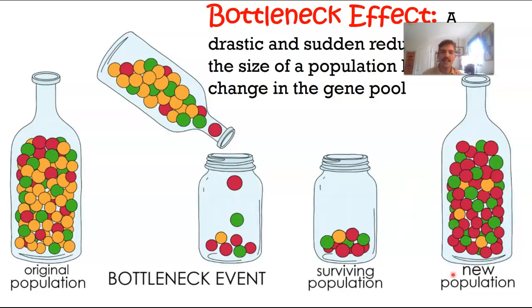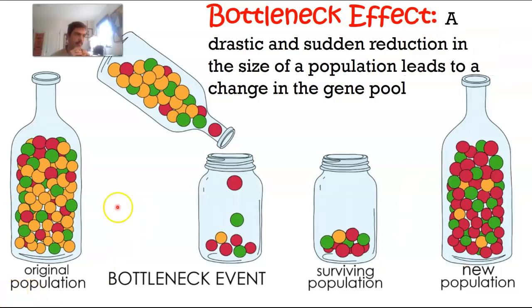So let's say, for example, you have a population of insects that are a bunch of different colors in the forest, right? Some are green and they camouflage on the leaves, and some are red and they camouflage on the rocks. And so they have a lot of diversity.